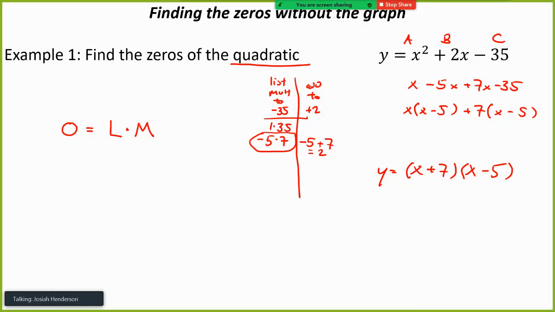So L times M is equal to 0. That means either L is 0 or M is 0.